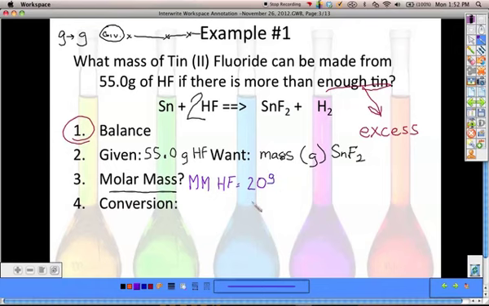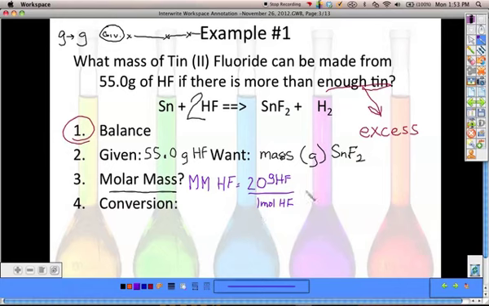Okay. So that's 20 grams of HF for every 1 mole of HF. Yeah, so the mass of fluorine is 19, the mass of hydrogen is 1, so I add 1 and 19 and get 20. Good question.